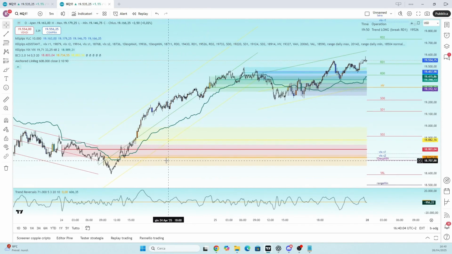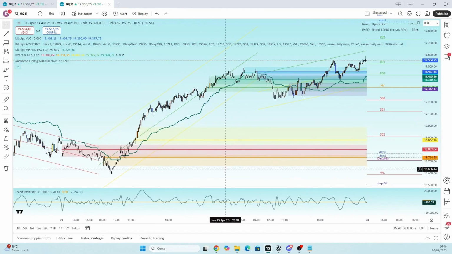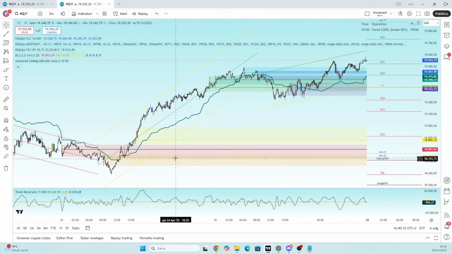In addition to drawing the levels for you, it also plots on the chart these horizontal bands that identify by color the set level. They help you identify the maximum, the area, the range in which this BC3 level has developed, which is then signaled to us. So the entire area is absolutely of our interest.